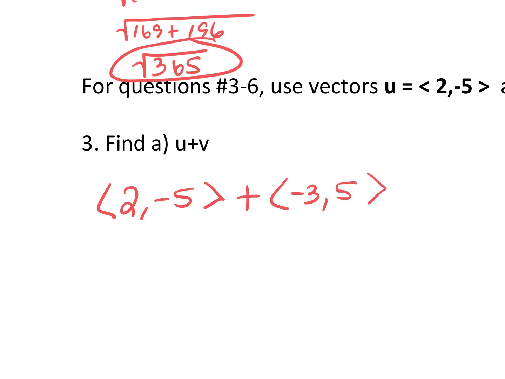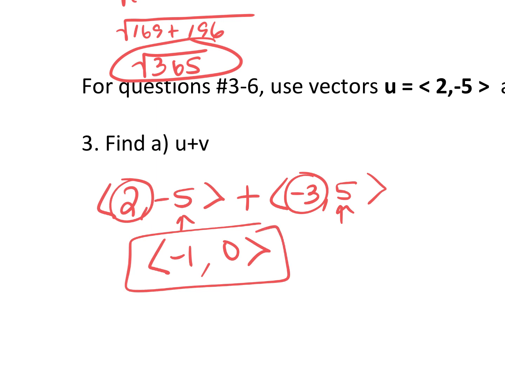And when you add, it's first with first. What is 2 plus negative 3? Negative 1. Good. What is negative 5 plus 5? 0. There's your answer.